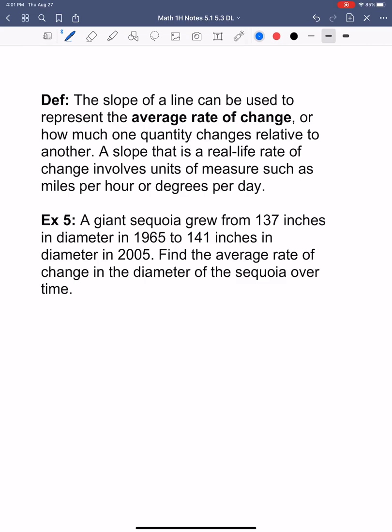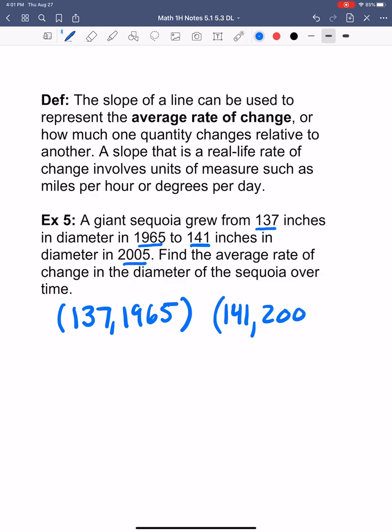So basically what they did here is they gave me coordinates 137, and that was in 1965, right? So that's like 137, comma 1965. Right, that's the year. And then my other point here would be 141 in 2005. And so I can use that same formula, right? y2 minus y1.